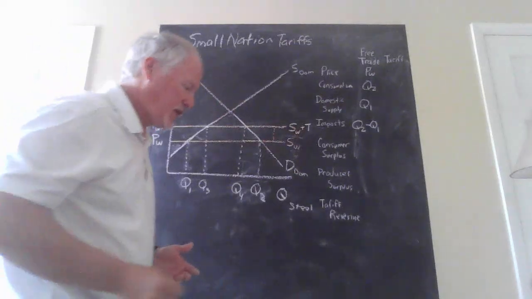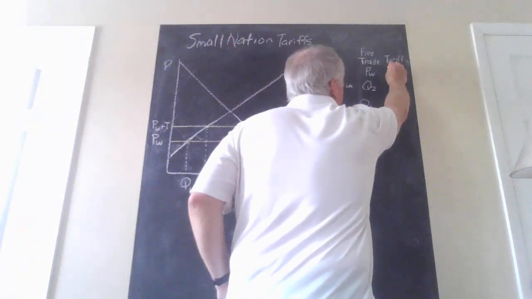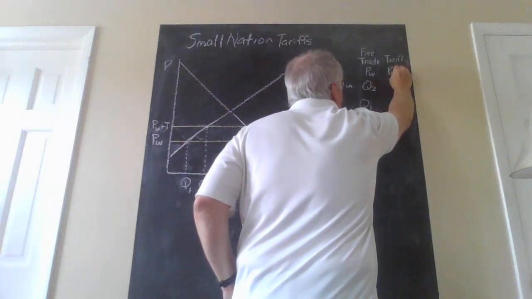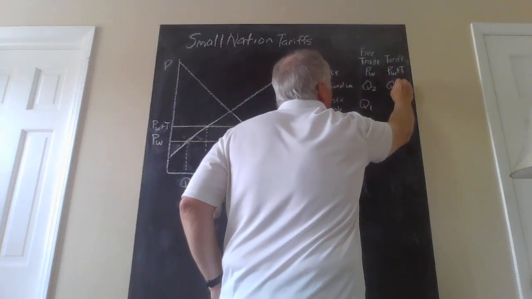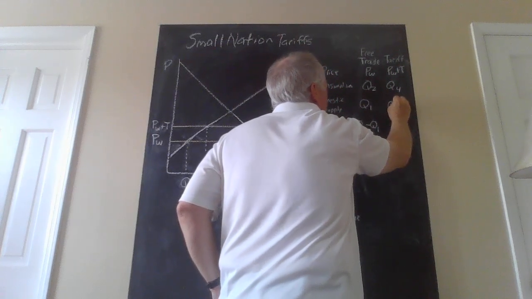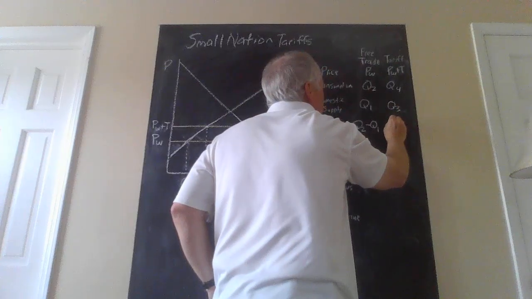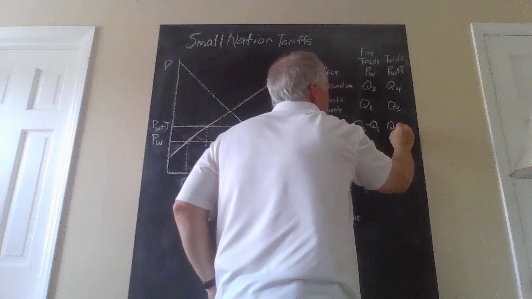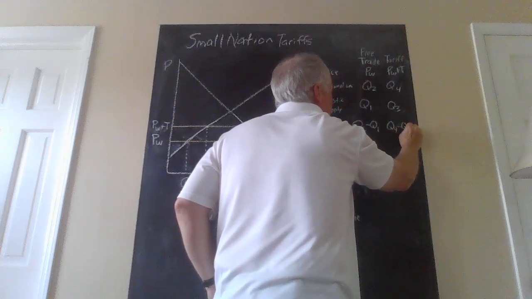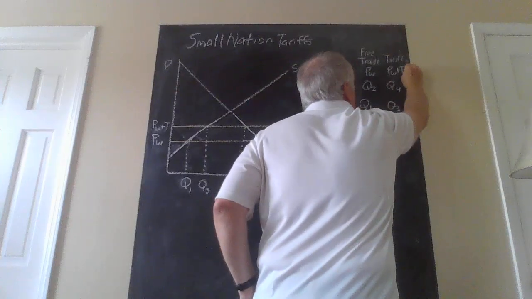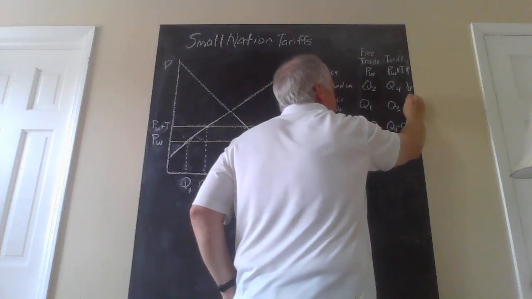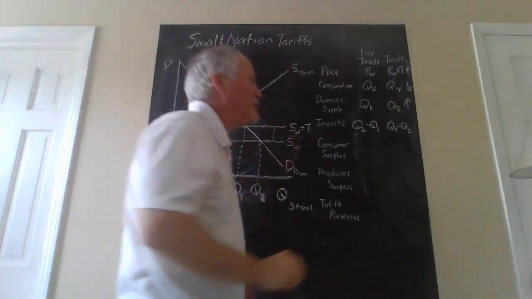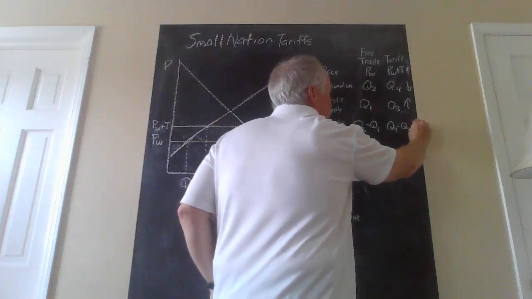So we can come over here and say, okay, with the tariff now we have PW plus T, the consumption will be Q4, domestic supply Q3, and then the imports are Q4 minus Q3. So the price goes up, the consumption goes down, domestic production goes up, and the amount of the imports go down.